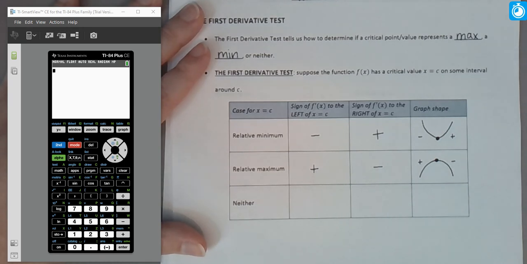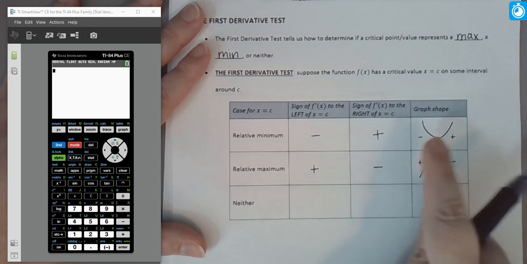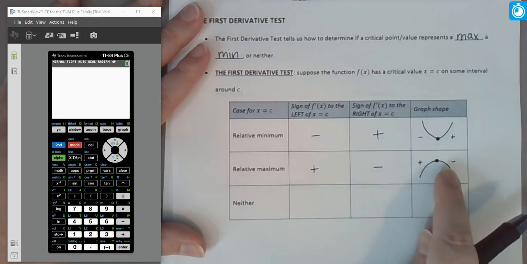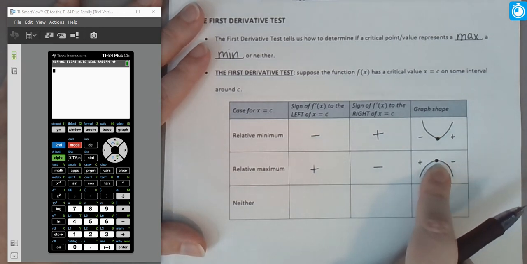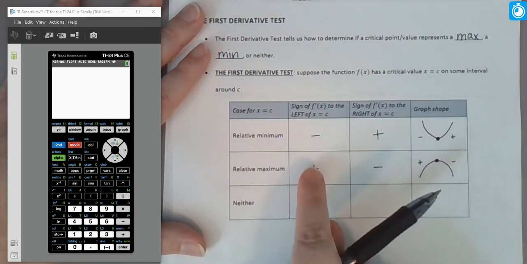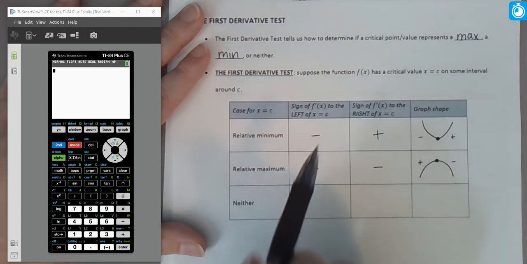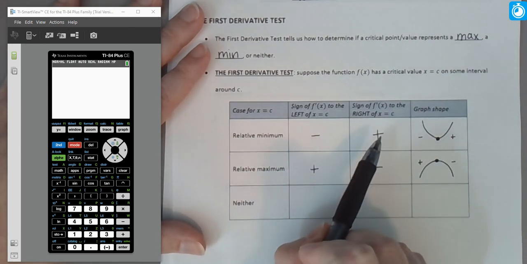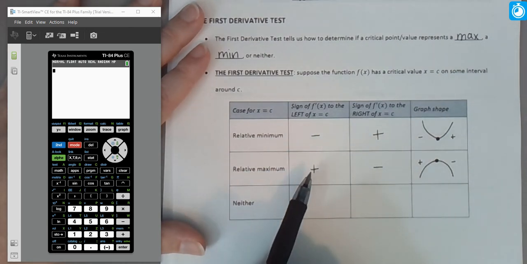Again, it's also possible that we have a critical value, but it doesn't actually represent a lowest point on the interval or a highest point. What could it look like? Notice that in the previous cases, the signs of our derivatives changed. We either went from a negative to a positive derivative, or from a positive to a negative derivative.